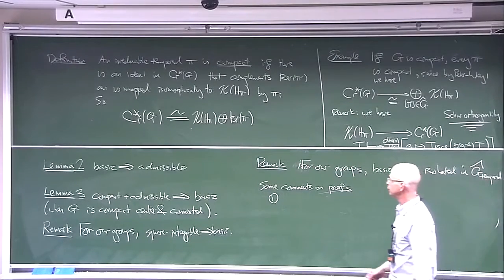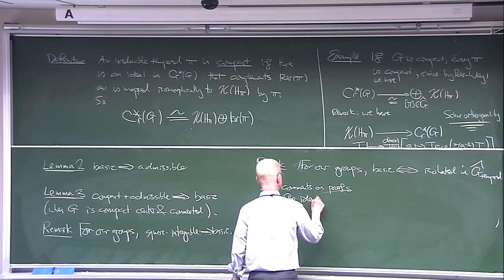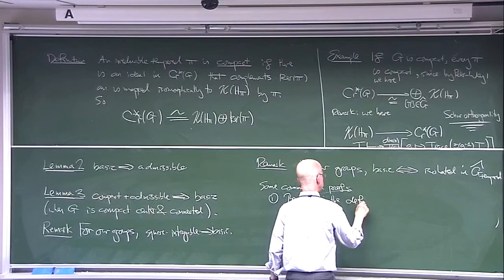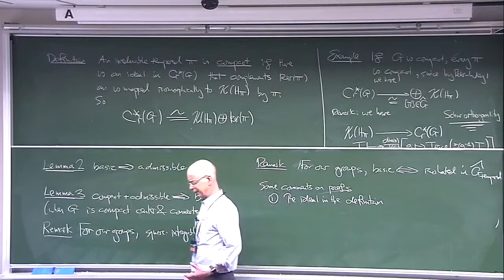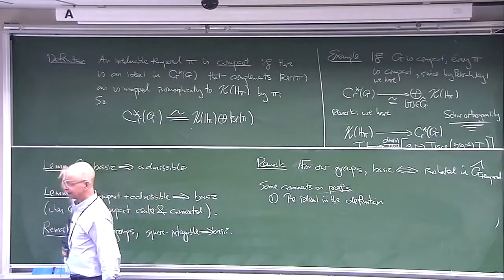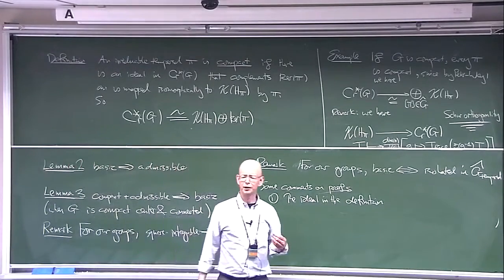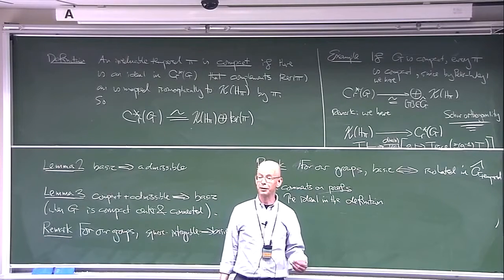So how are we going to build it? We need to build some ideal, as in the definition, out of what? Well, you have a representation which is basic, and the definition of basic has to do with some other ideal which involves compact operators.